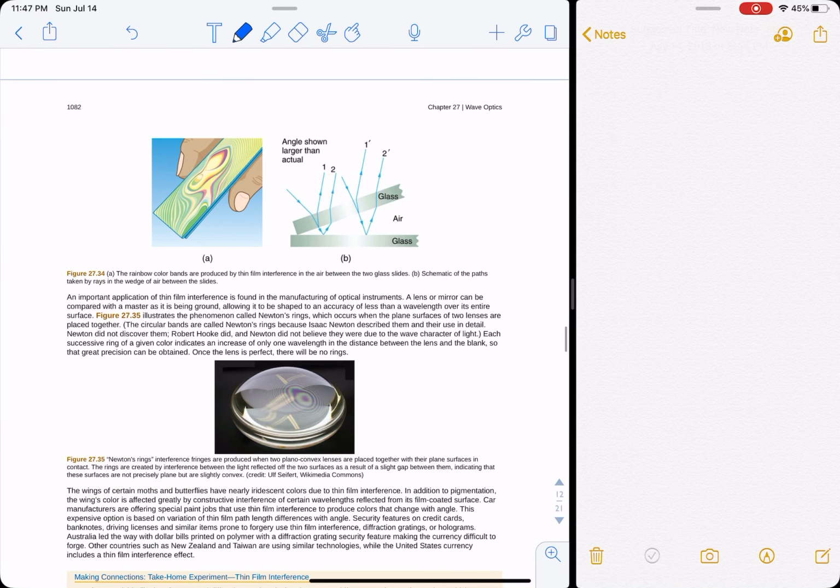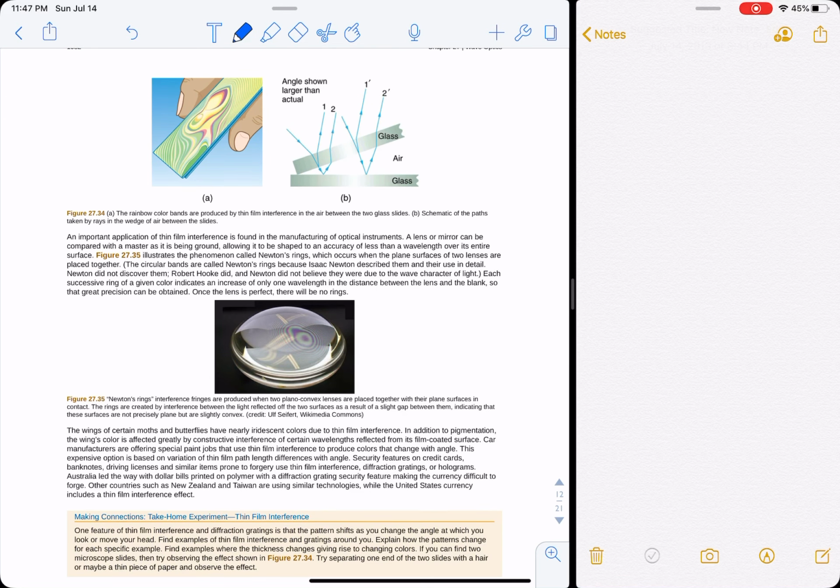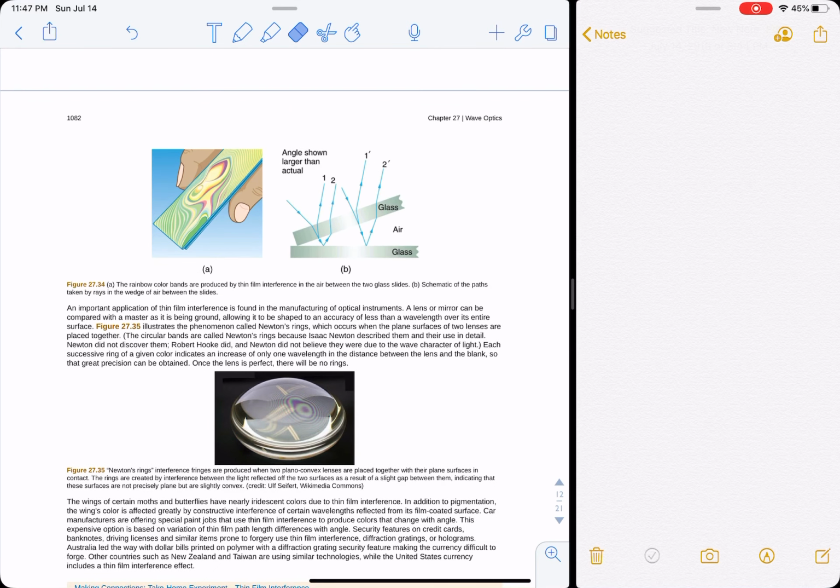Okay, another effect you get is when your ray goes through more or less air, and then you get these things called Newton's rings, and it's this kind of rainbow effect. And again, it's an interference pattern. It's because light is made of waves, and as they pass through different distances, the angle is larger than shown, just FYI, then you get these effects.